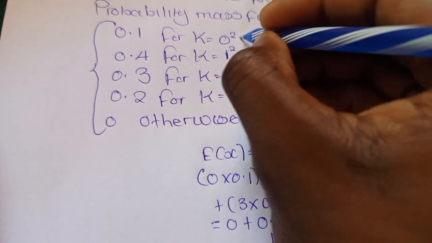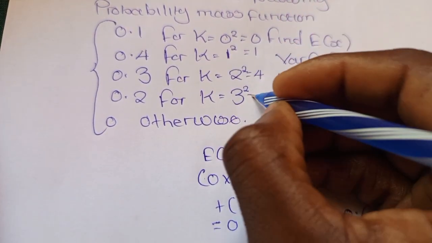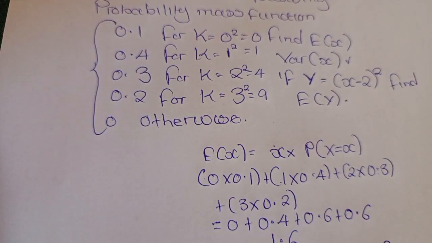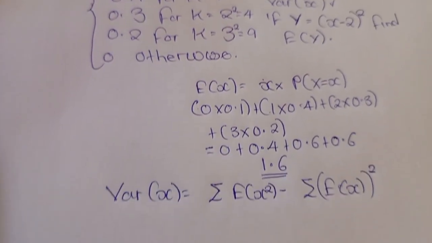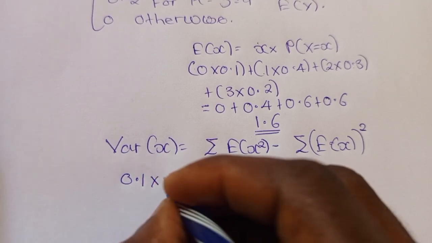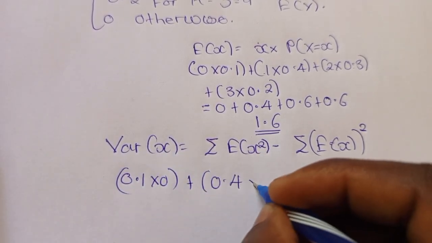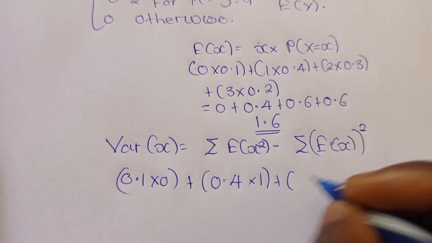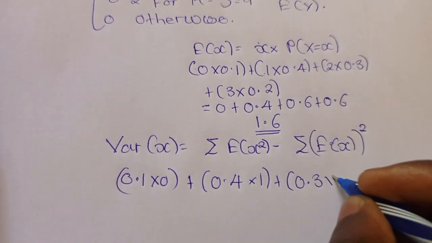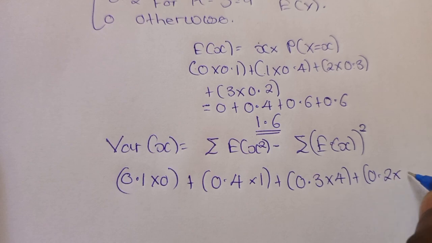So we know that this is basically 0, this is 1, this is basically 4, and this is basically 9. So immediately you do that, you will have 0.1 times 0 plus 0.4 times 1 plus 0.3 times 4 plus 0.2 times 9.